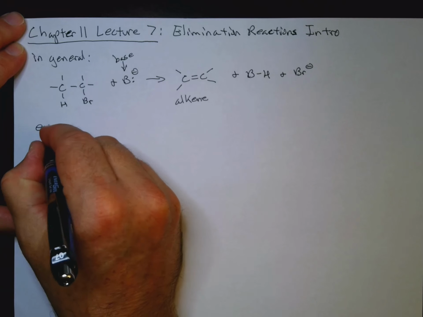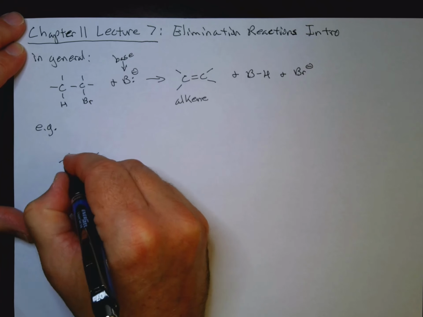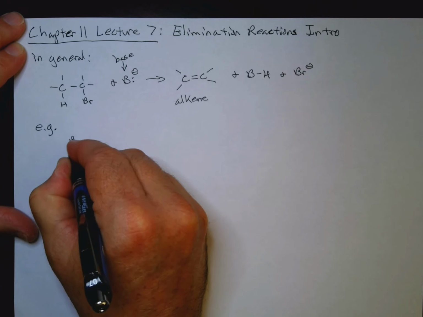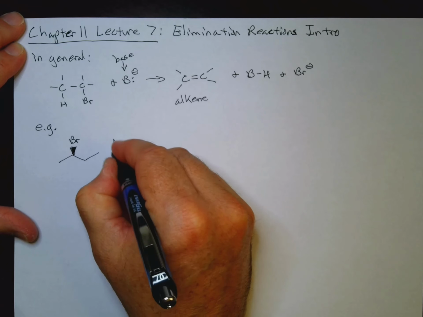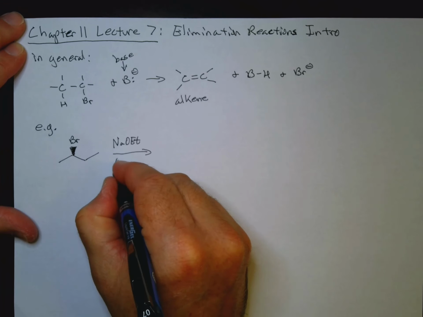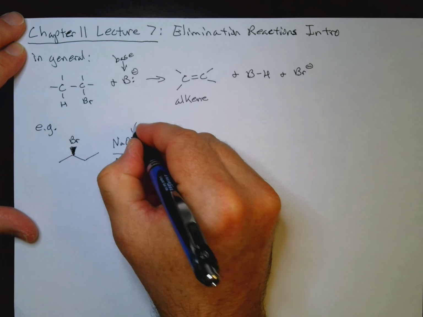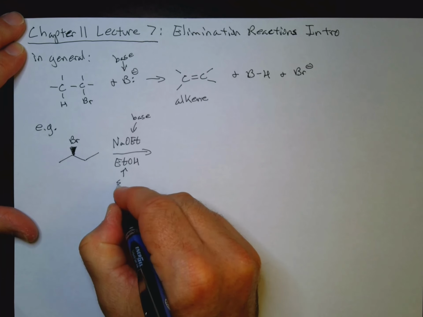So for example, we can take the following alkyl halide, treat it with NaOEt in EtOH. So the NaOEt is our base, EtOH is simply the solvent.